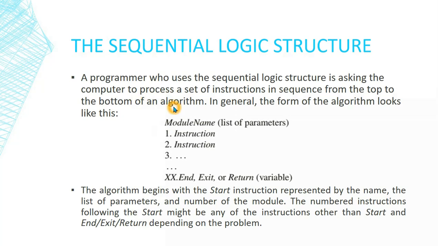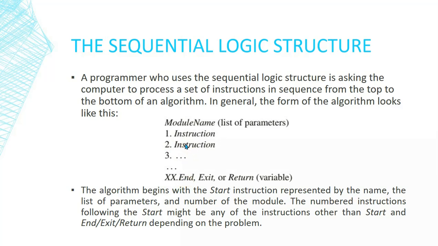If you remember in chapter 4, the system you are developing should be divided into modules. Each module will have its own algorithm. So here in this module, for example, we have instruction 1, instruction 2, instruction 3 until the end of the module.